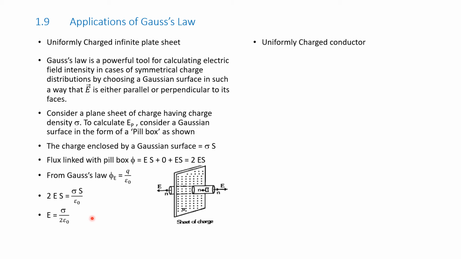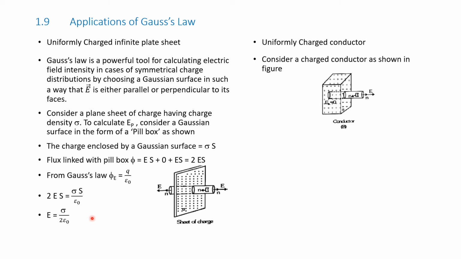Now we will consider a uniformly charged conductor. Consider a charged conductor as shown in the figure. Here again we are considering a charged conductor. This is a conductor and we will concentrate on the charge of this conductor. Inside the surface E is equal to 0, E inside is 0.